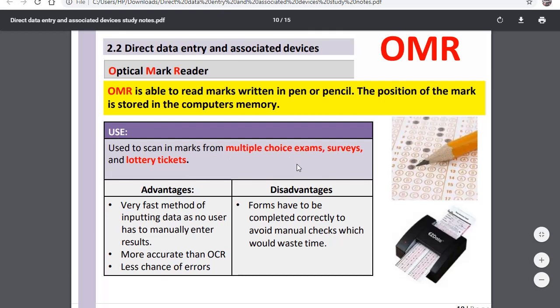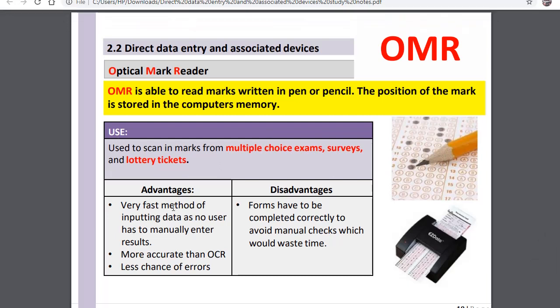The advantages of OMR: a very fast method for inputting data, so no user has to manually enter results. More accurate than OCR, and we're gonna know what is the OCR. Less chances for errors. The disadvantages: forms have to be completed correctly to avoid manual checking, which would waste time.